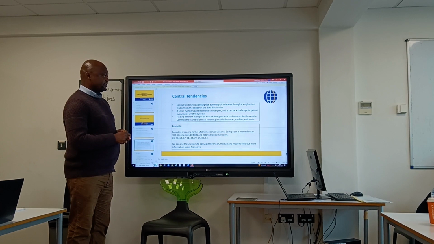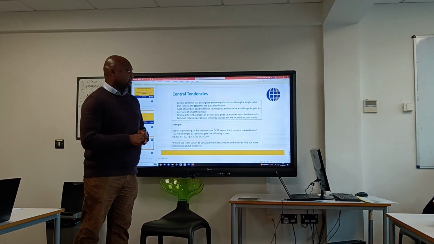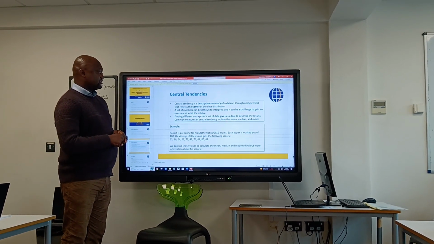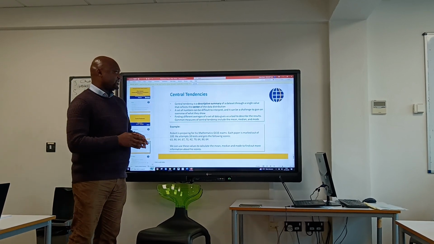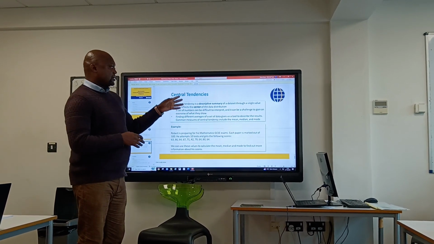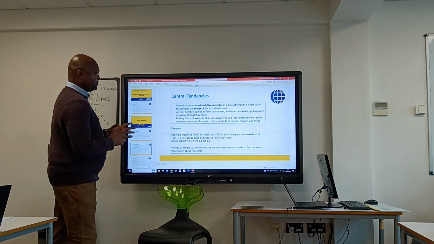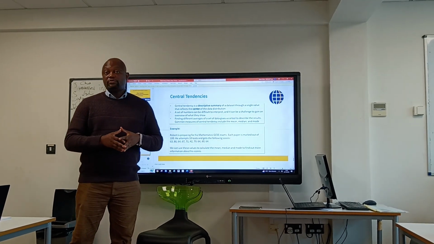A set of numbers can be difficult to interpret and can be a challenge to gain an overview of what they show. Finding different averages of a set of data gives us a tool to describe the result. The common measures of central tendency include the mean, the median, and the mode.